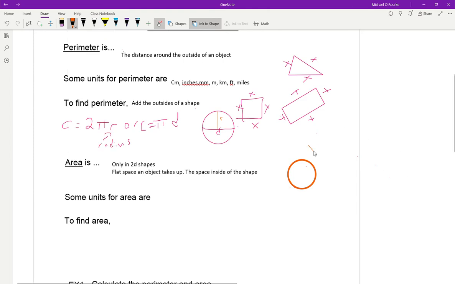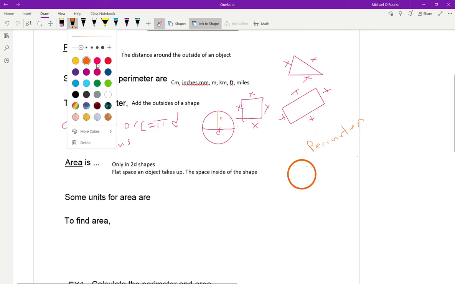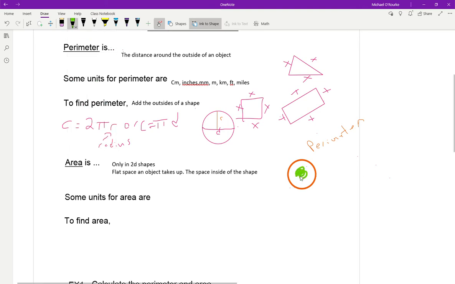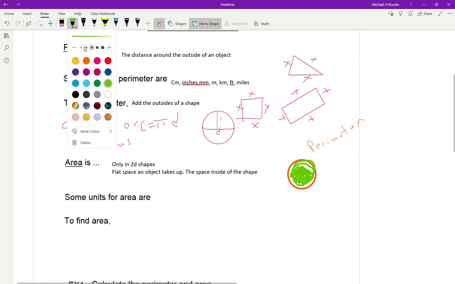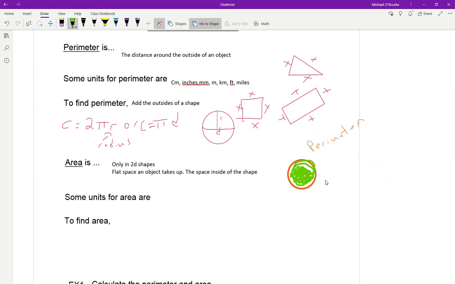Now if we switch colors, let's go green. The green here, if I were a perfect artist here. Now the inside of this, that would be the area.